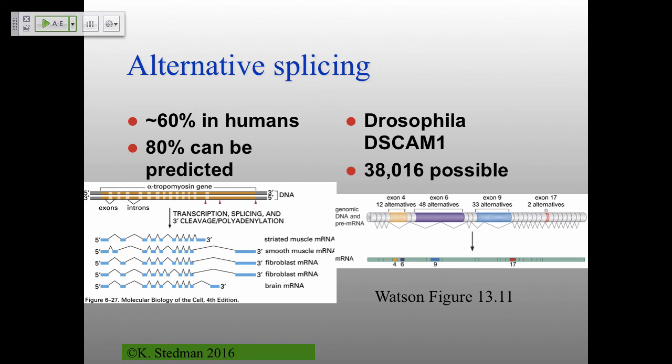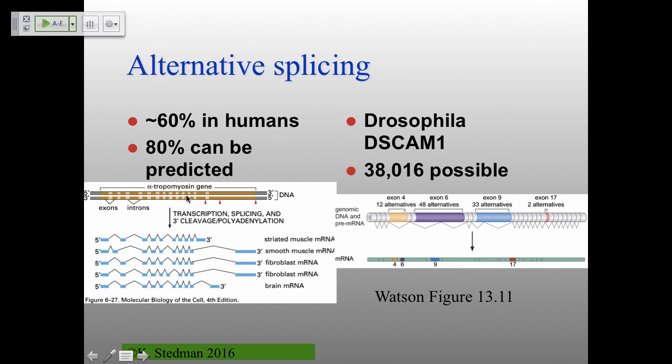So 40% aren't, 60% are, and usually it's just a couple of differences. It turns out tropomyosin is one of the more extensively alternatively spliced genes. We can only predict about 80% of these just by looking at sequence and looking at sequence conservation. So this is what happens in humans.